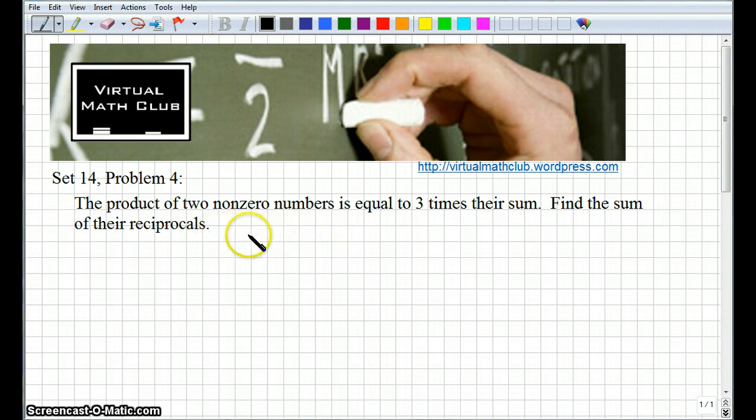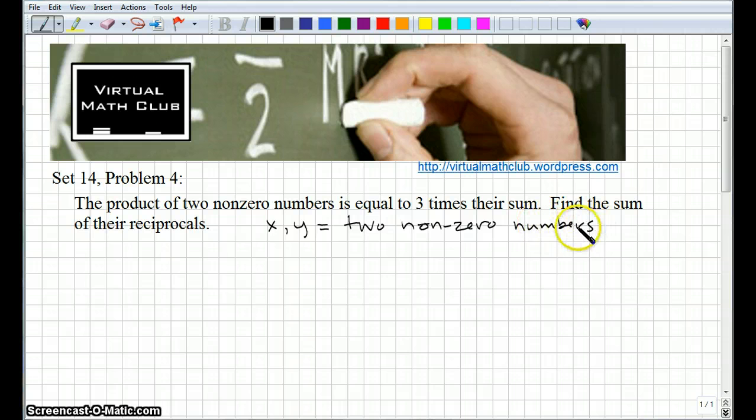Okay, so I'm going to define a couple of variables. I'm going to just say x and y are equal to the two non-zero numbers.